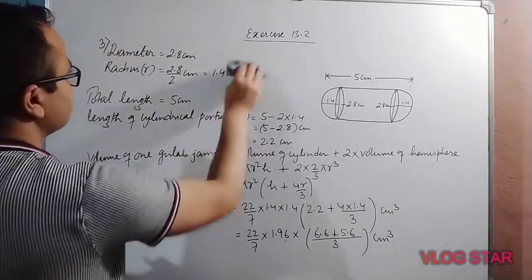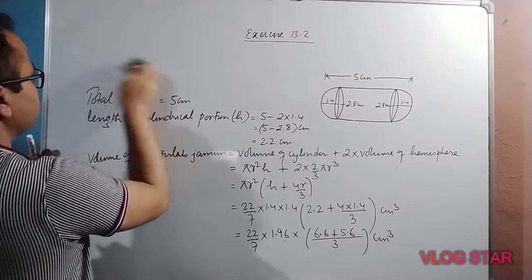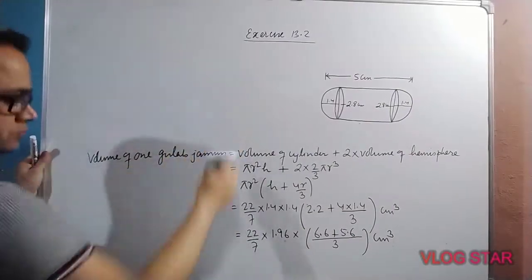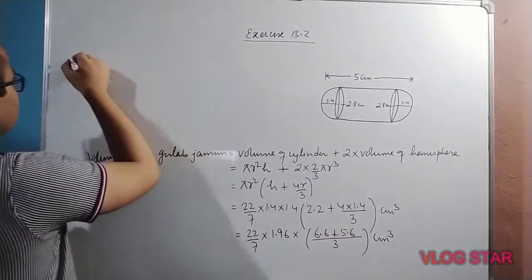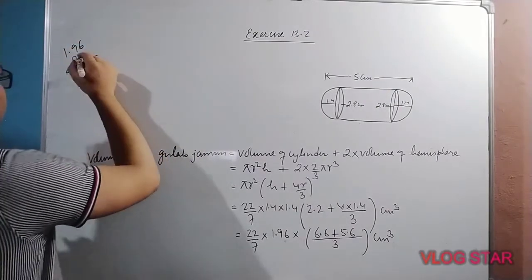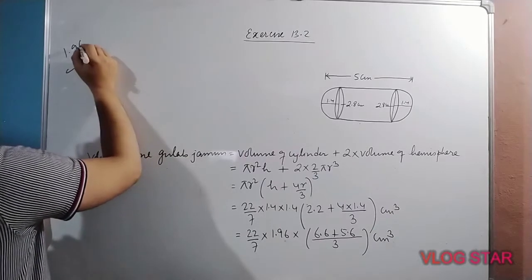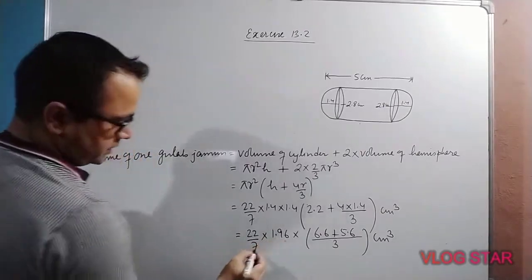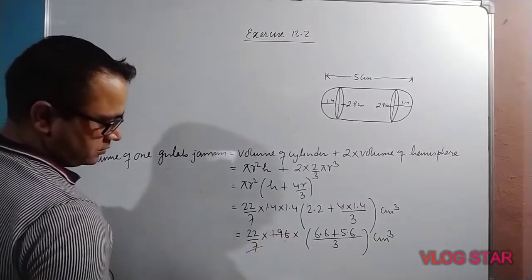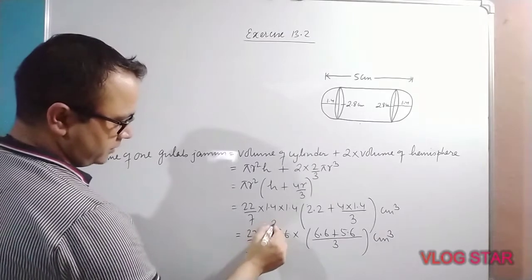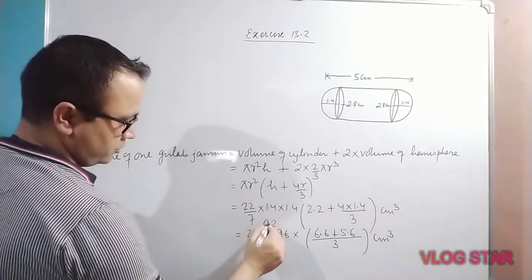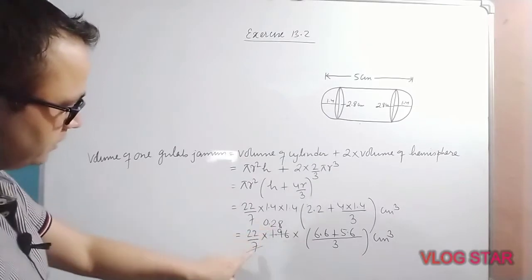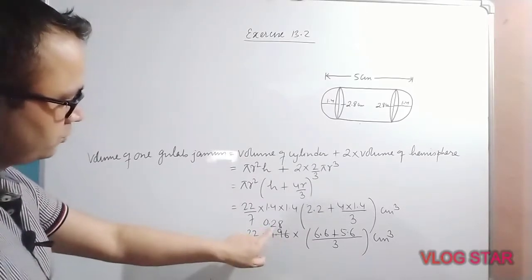Now simplify it. 22 into 1.96. Otherwise you can do it this way. 1.96 divided by 7 is 0.28, since 0.28 into 7 is 1.96.